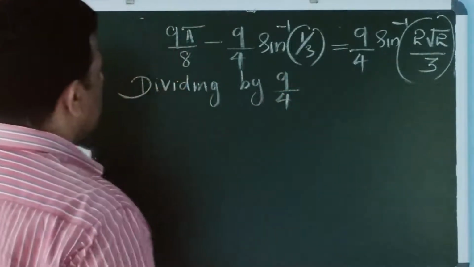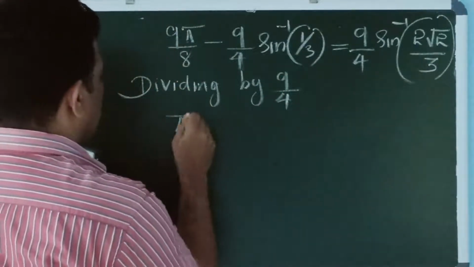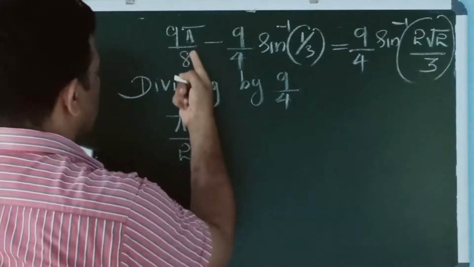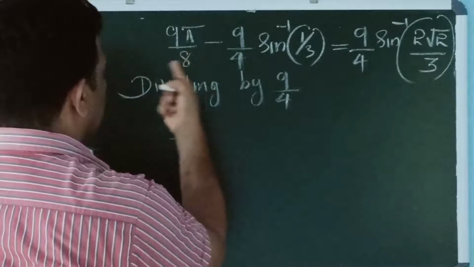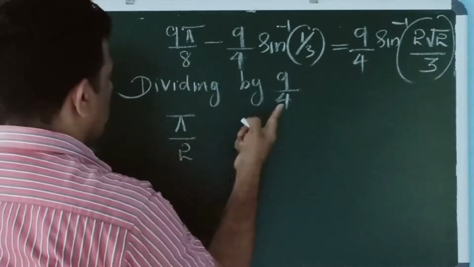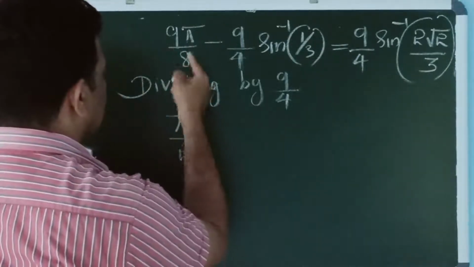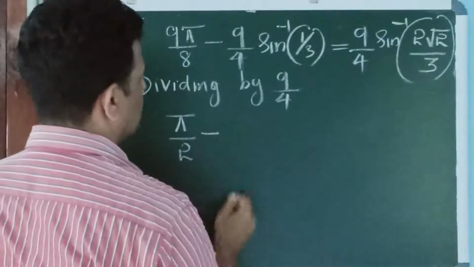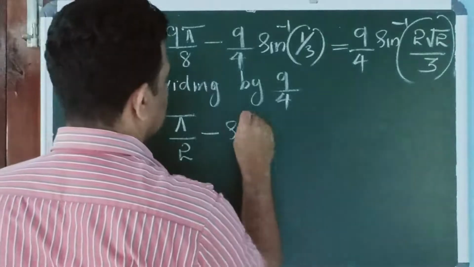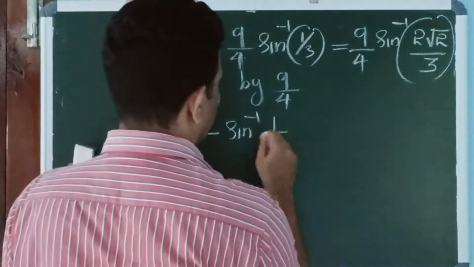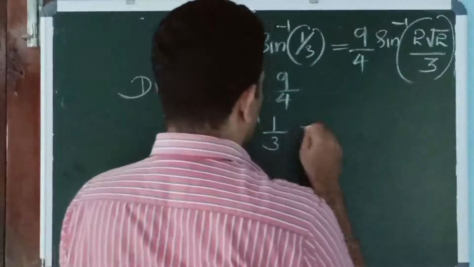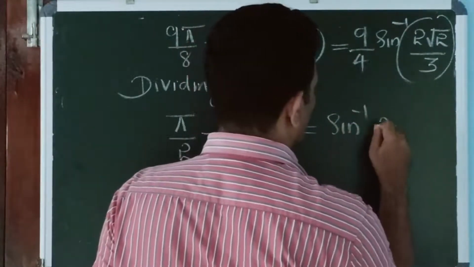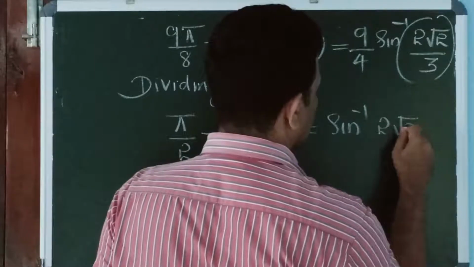The given equation becomes pi by 2, because 9 pi divided by 8 divided by 9 by 4 means 9 cancels, 8 by 4 is 2. Therefore, it is pi by 2 minus sin inverse 1 by 3 is equal to sin inverse 2 root 2 divided by 3.